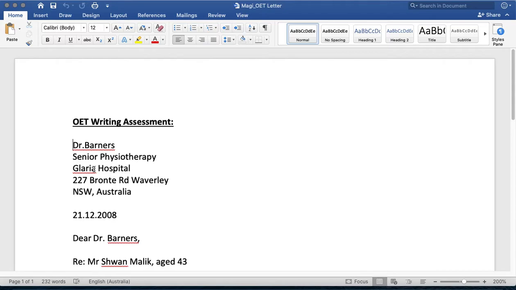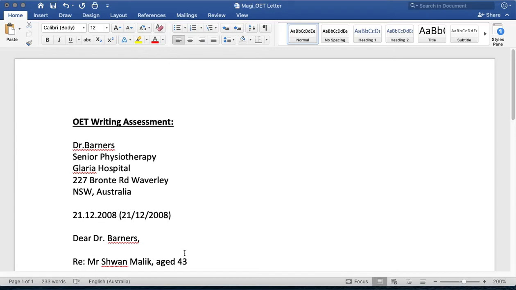So the student has already written down the addressee's details here, which is good. And then she has written down the date. Instead of writing the date in dot forms, it's better to write using a slash. Say for example, you can write 21 slash 12 slash 2008.